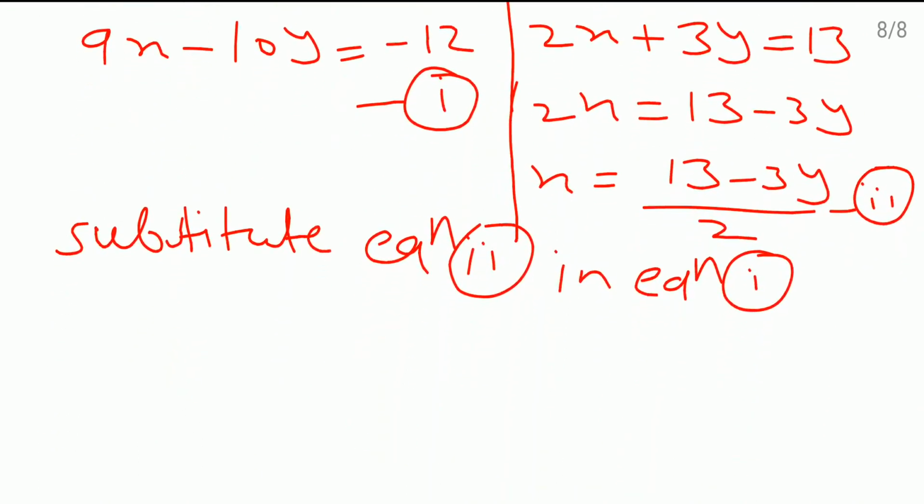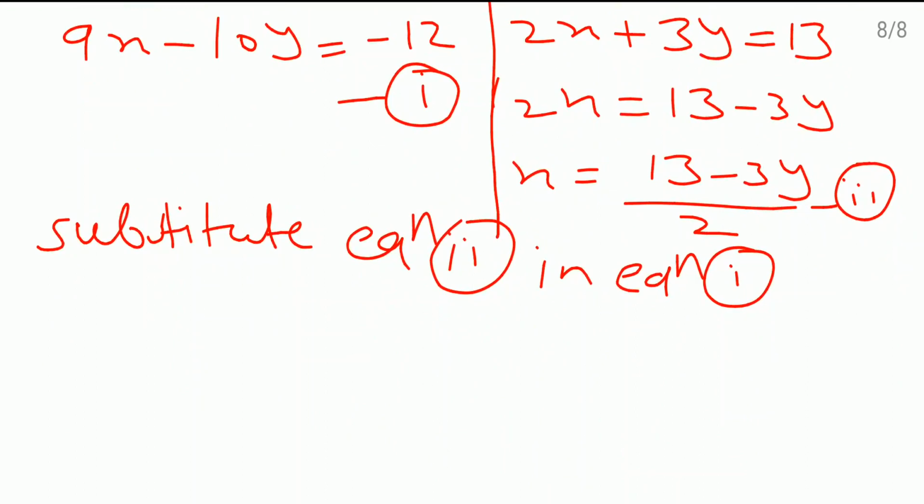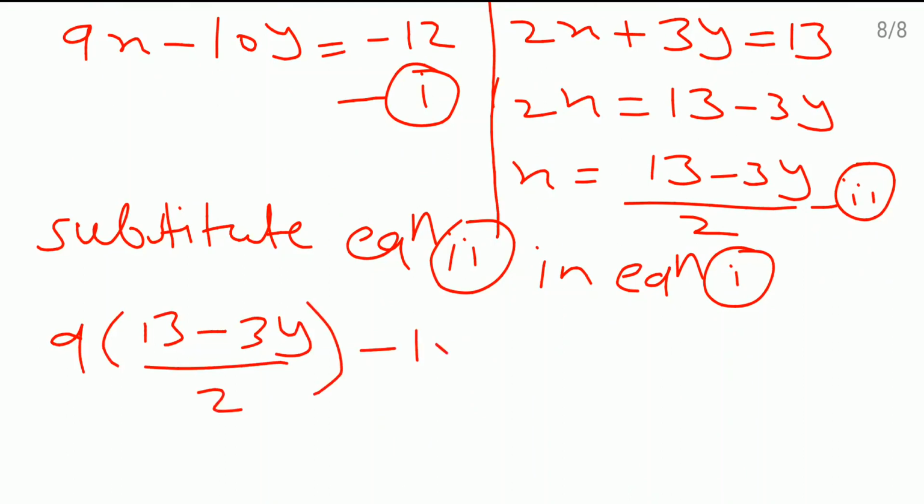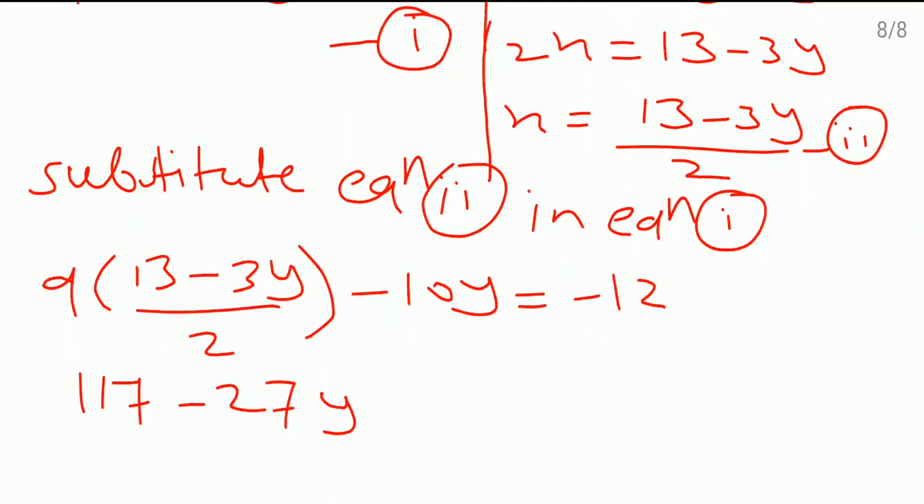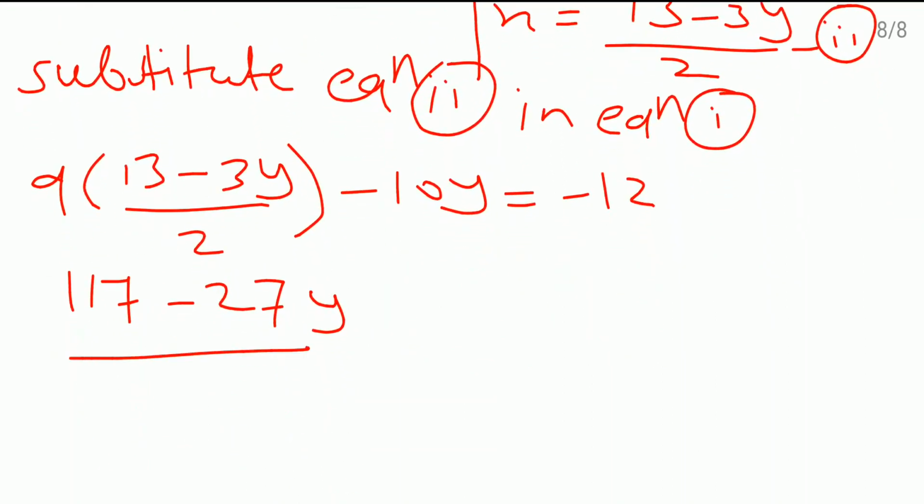See here, 9, value of x is what? 13 minus 3y by 2 minus 10y, which is equal to minus 12. Now here 13 9s are 117 minus 9 3s are 27y divided by 2. Here minus 10y as it is divided by minus 1, and here minus 12.